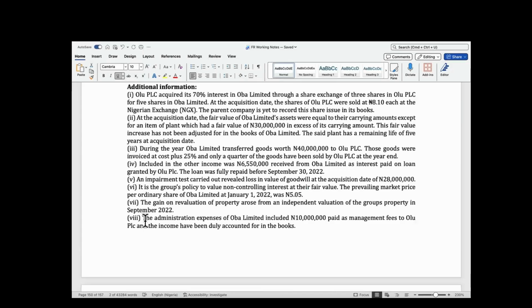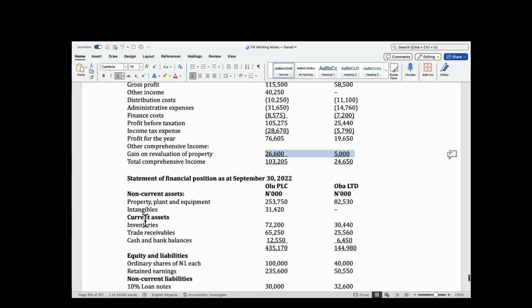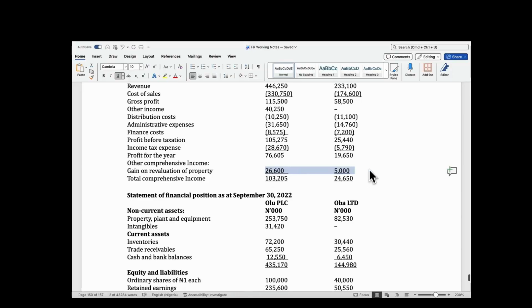Also, we're told that, for the record, this means these are post-acquisition income, especially of the subsidiary. It's not a pre-acquisition reserve, it's a post, right? This revaluation reserve is not a pre-acquisition reserve, it is post-acquisition because it was measured at the end of the year.